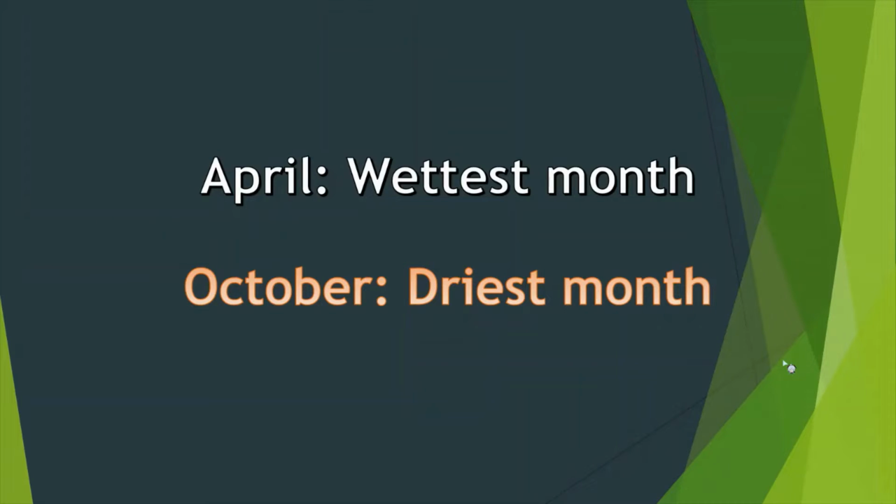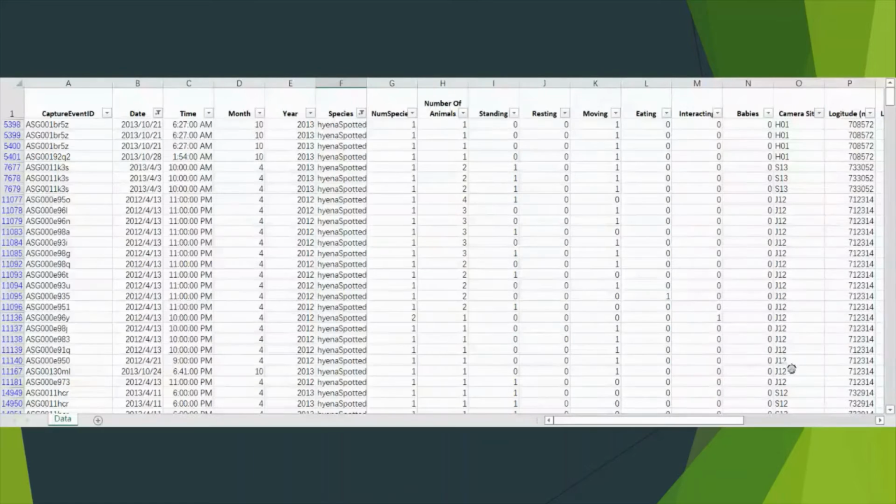We're going to take four time periods to study: April of 2012 and April of 2013, because that is the wettest month of the Serengeti, and October of 2012 and 2013, because that is the driest month of the Serengeti. Sorry.